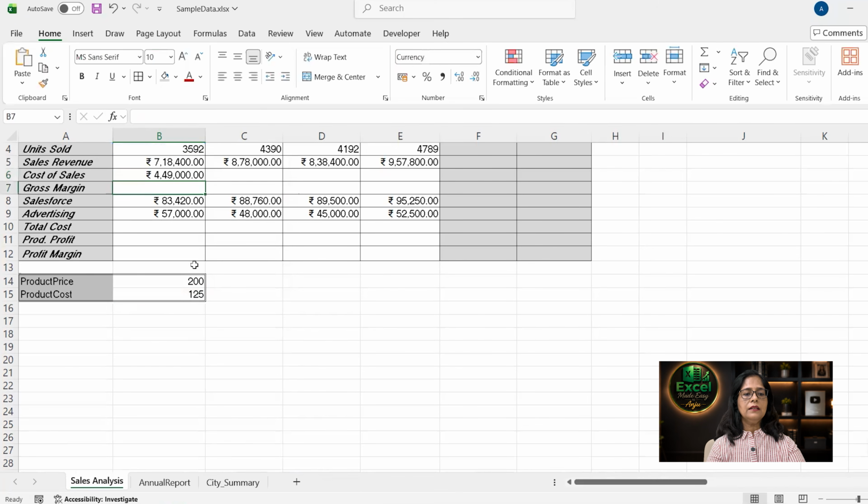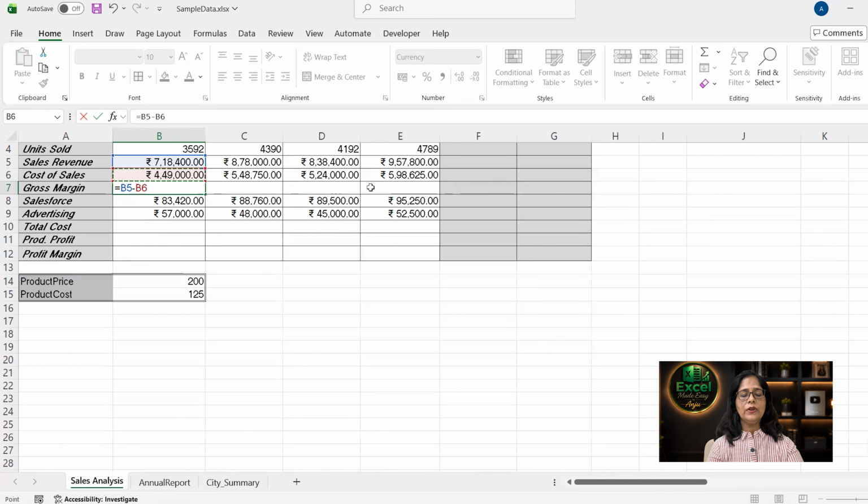Now I press enter, and then we can copy this for the rest of the quarters. Now we can notice the appropriate results come in. Gross margin is the difference of the two. So I use equal to sales revenue minus cost of sales, and this is our gross margin. You will notice that these values are different for every quarter.